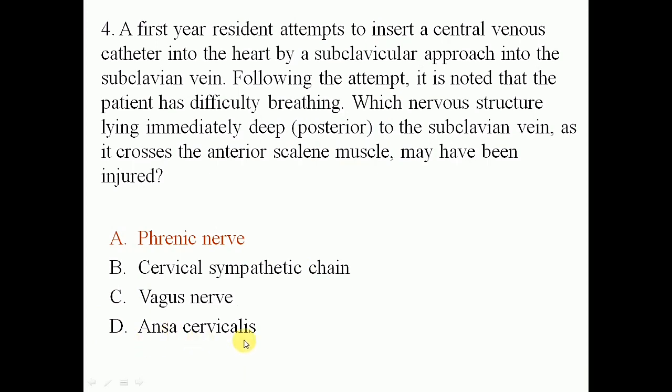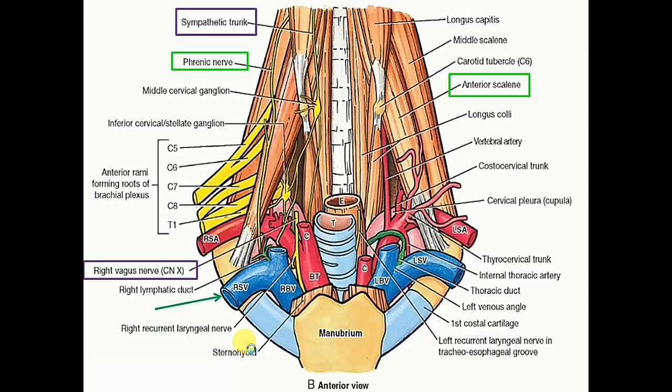Ansa cervicalis is also one of the structures, but it is seen in the carotid triangle medially. So all these three structures, ansa cervicalis, sympathetic trunk and vagus nerve, are more medial, whereas the phrenic nerve is the only nerve in relation with the subclavian vein. So phrenic nerve is the correct answer.